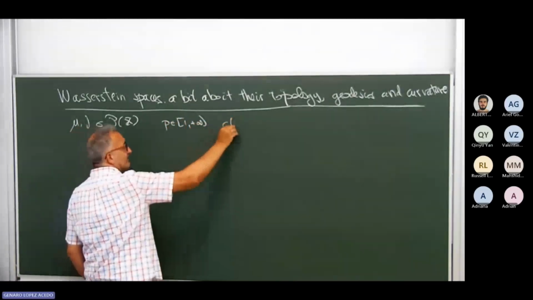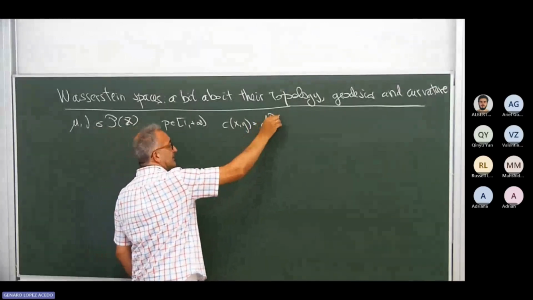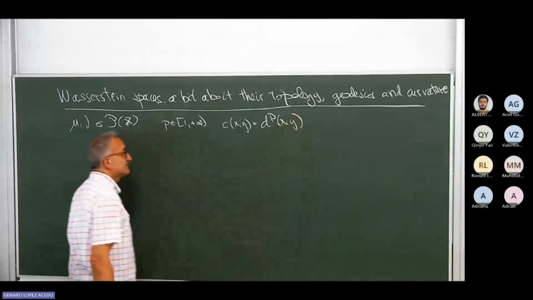We're going to have the cost function c(x,y) equal to d(x,y) to the p power.